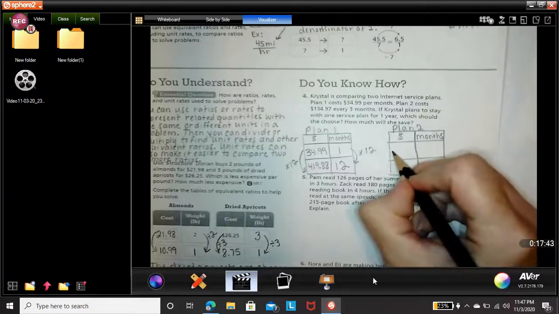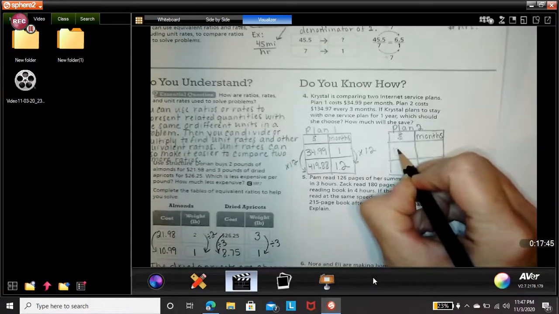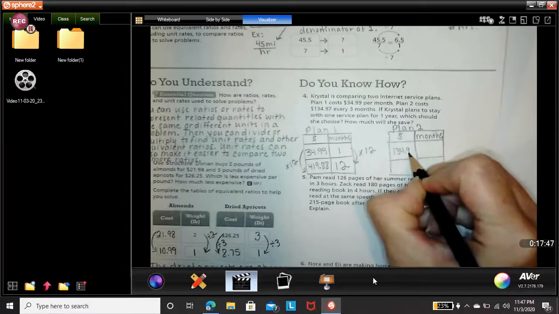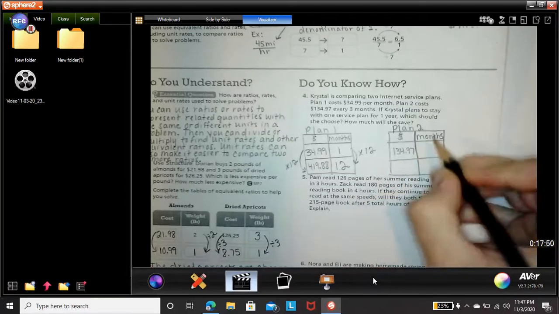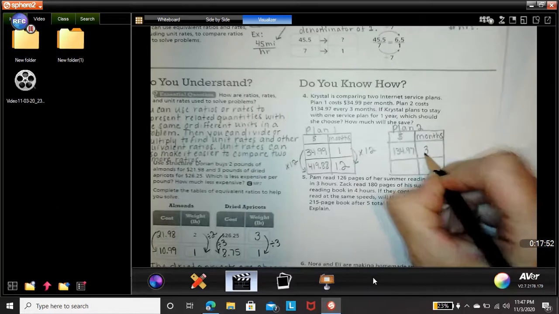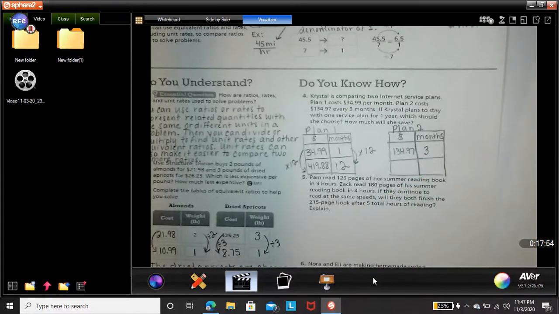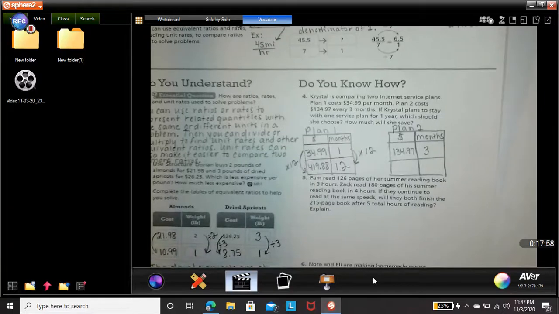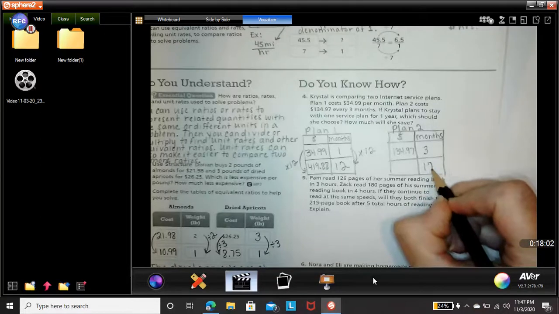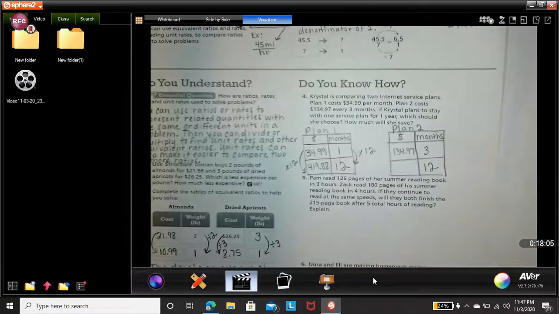Now we know that the cost will be $134.97. But that's not for 1 month, that's for 3 months. Now again, we're trying to compare these plans after an entire year. So we know that we need to get to a year, or to those 12 months.